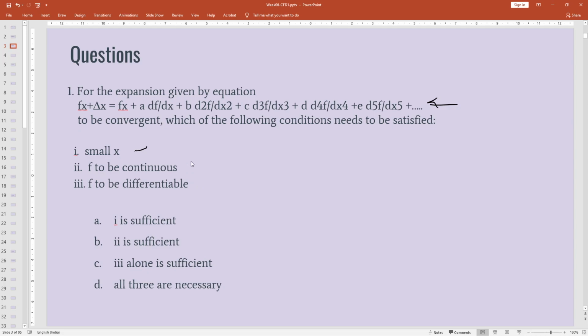So our options are, option A, the first condition is sufficient. Option B, second condition is sufficient. Option C, third condition alone is sufficient. Option D, all three are necessary. Try to answer the question. You can inbox your answers.